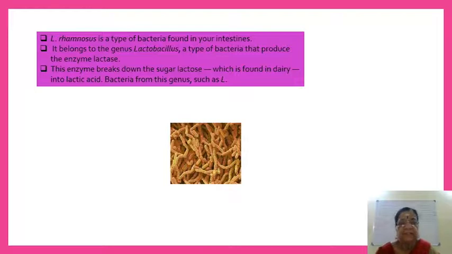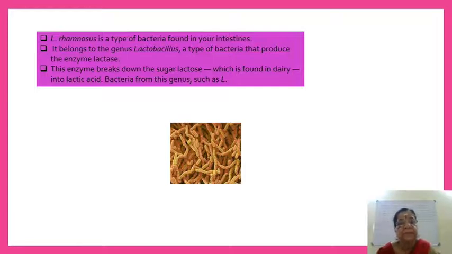The next one is another, இது வந்து ஒரு just ஒரு figure எனக்கு கிடைச்சது as Lactobacillus rhamnosus. It is a type of bacteria present in our intestine. L for Lactobacillus. Lactobacillus rhamnosus is a type of bacteria found in our intestine, and it belongs to the genus Lactobacillus, which is a type of bacteria that produce the enzyme called lactase.